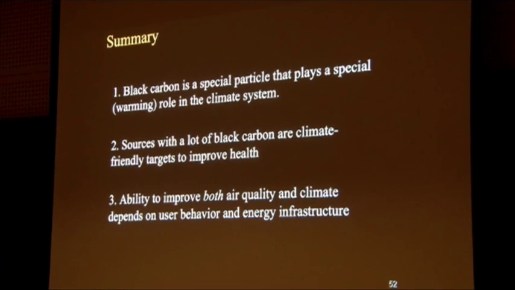You have to look at each case for its character. Now, most black carbon reductions will reduce particulate matter and improve health. And likely okay for the climate, but maybe not big change for the climate if it has a lot of other material coming with it.